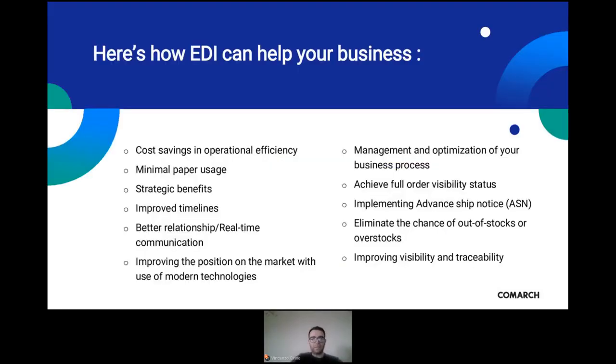In this slide, you can see how EDI can help your business and which advantages it can bring to your organization. Well, I would also say that beside the challenges and key goals that we have discussed before, these data exchange technologies are now very instrumental to running a business, no matter the type of industry, product, or location.